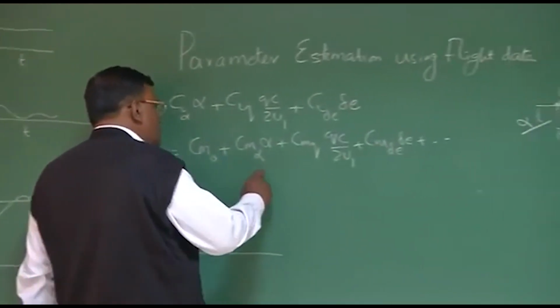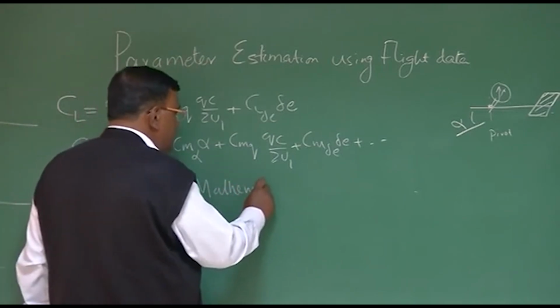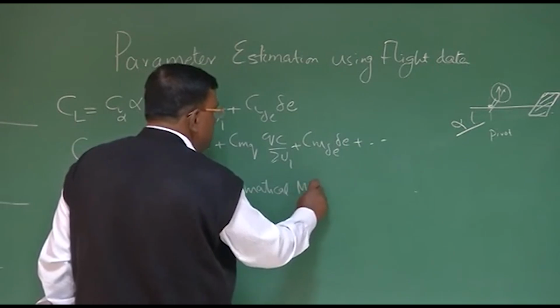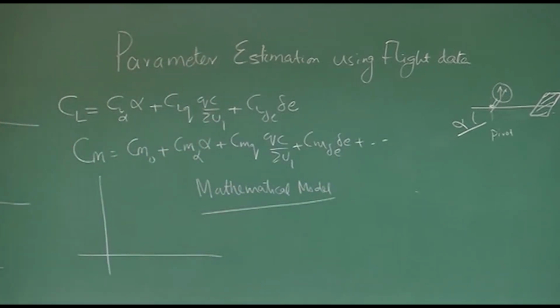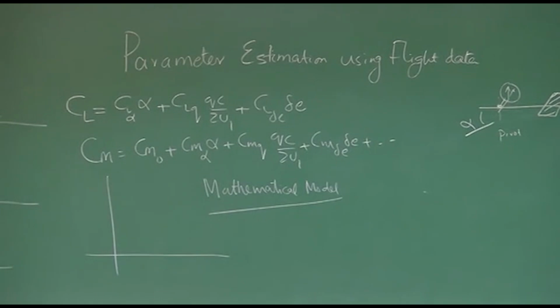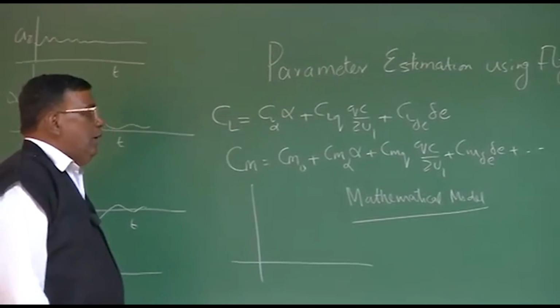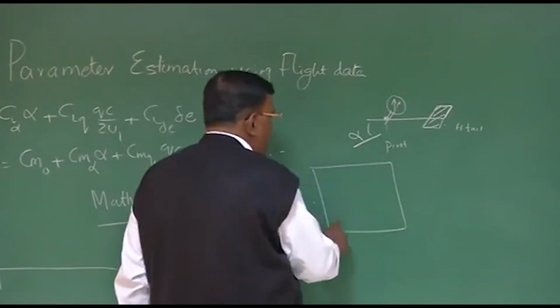The second challenge is the mathematical model. What sort of mathematical model are you using to estimate those parameters using flight data? For example, let us say we have assumed this as an aerodynamic model for the airplane. We have a mathematical model for the aircraft.